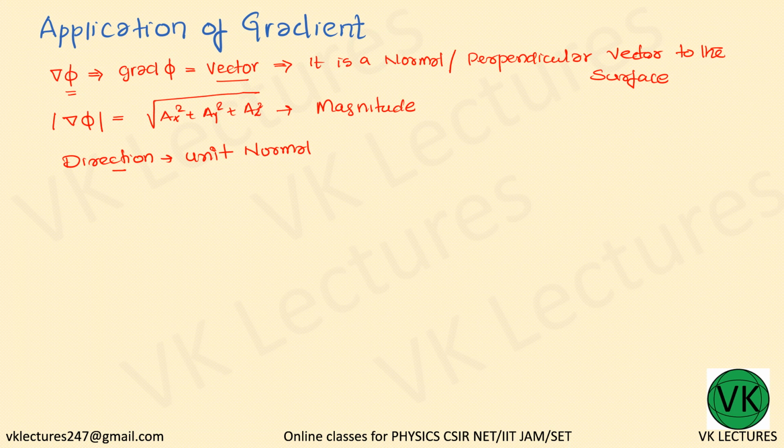So the unit normal is given by the gradient of phi divided by the magnitude of the gradient of phi. Now, if this gradient of phi gives you the vector A, then vector A by magnitude of vector A is the unit vector in the direction of A.